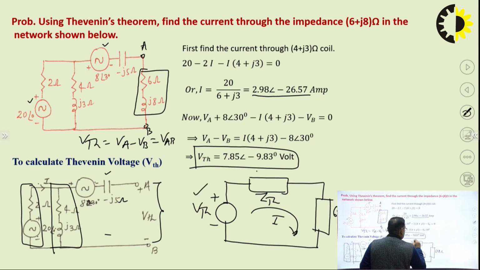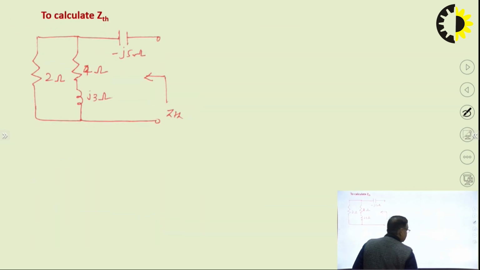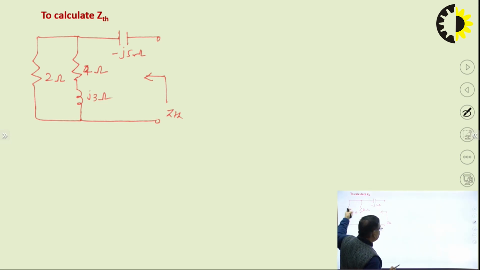Now, we try to find the ZTH. So, to calculate ZTH, we replace all the energy sources by their internal impedance if the network contains only independent sources. Independent sources are ideal in nature, they have zero impedance. So, zero impedance will be replaced by a zero resistance wire.